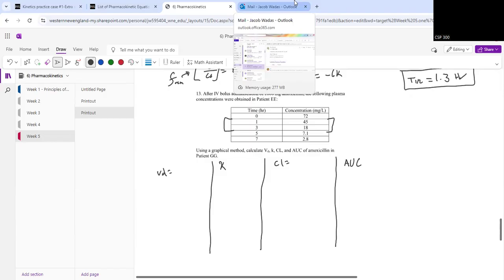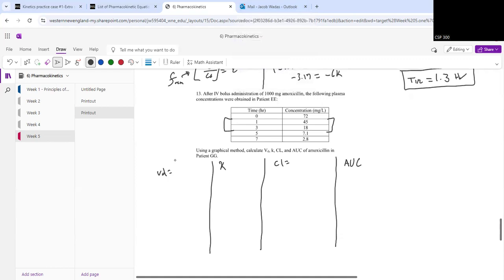Does anyone know how to do VD on this one? What equation to use? What is CO in this question? And we have the dose. Shout out the answer if someone gets it for VD. Here's where I was talking about how technically your dose isn't always the same as your concentration, because IV bolus is 100% bioavailable, and we're giving them 1,000 mg, but their initial plasma concentration is not 1,000.